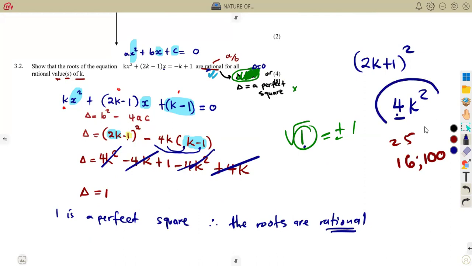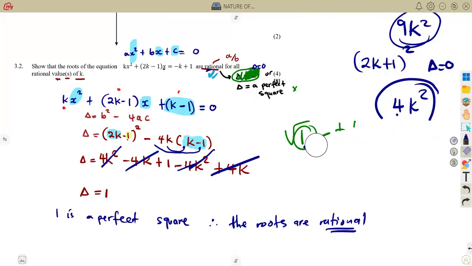Or maybe it is just giving you a direct term, maybe like 4k squared, or maybe it's 9k squared, but it is a perfect square. You know that they are rational, or it is equal to 0. Maybe you simplified here and you got a 0. It was going to be rational again. Those are the conditions where you get rational solutions or rational roots.